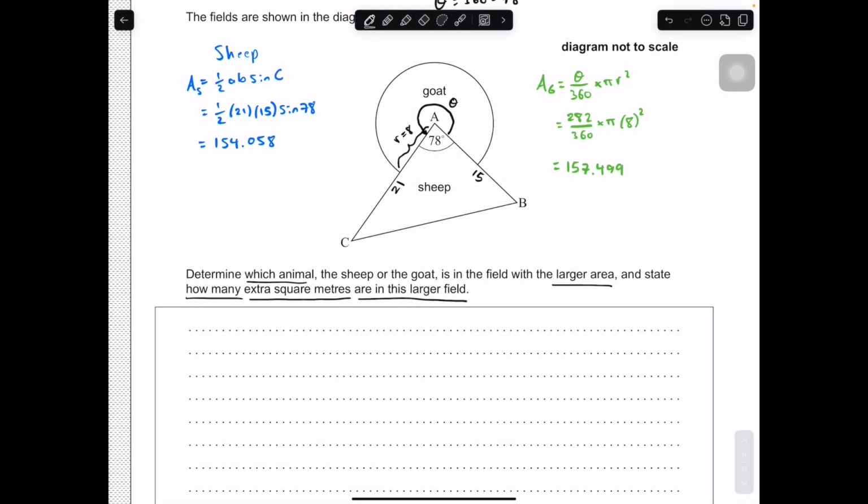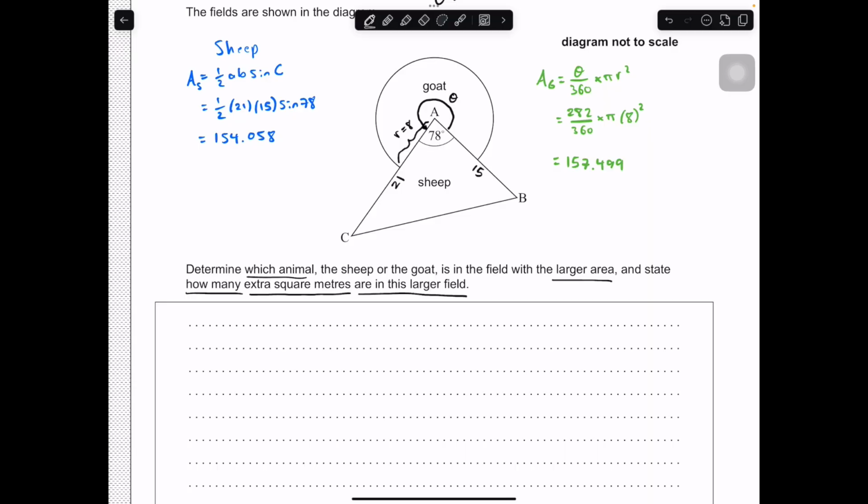Okay, so determine which animal, the sheep or the goat, is in the field with the larger area. Well, we know that the area of the goat is greater than the area of the sheep. And what does that mean? 157.5 is greater than 154.1.